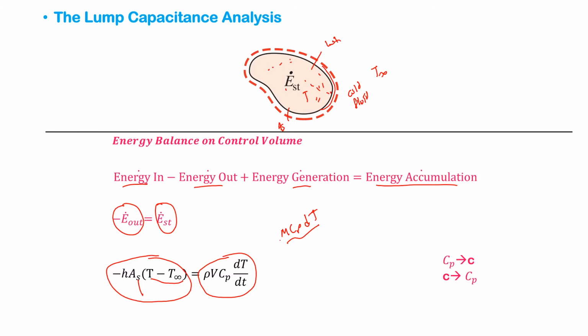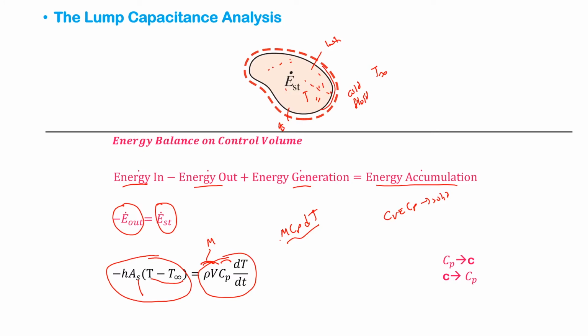Instead of m, we write rho times V. This is the mass. Cp is the heat capacity for solid. Again, Cp is roughly equal to Cv for solids. So this is the internal energy coming from thermodynamical principles. The change in internal energy should be balanced by the loss of energy due to convection. So that is our equation.